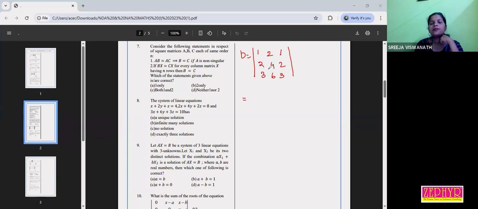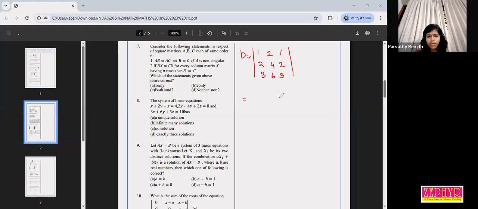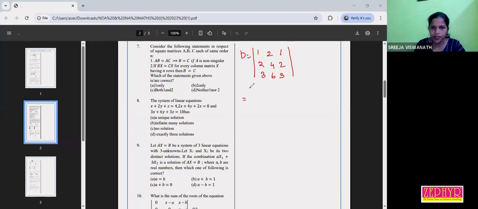What is the value? Is it 0 or non-zero? It is 0. Now you have to check D1, D2, D3.